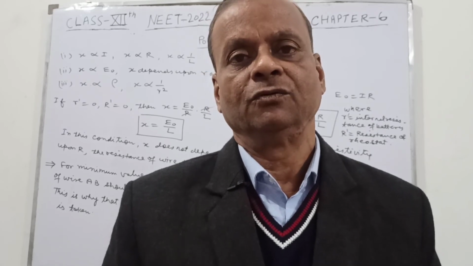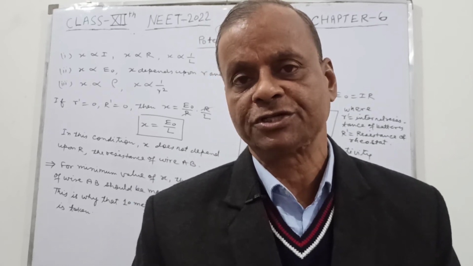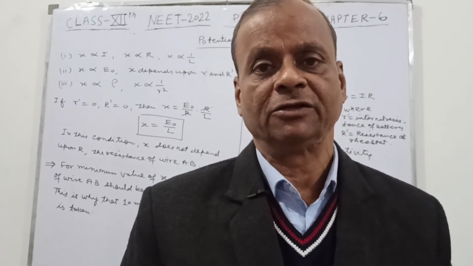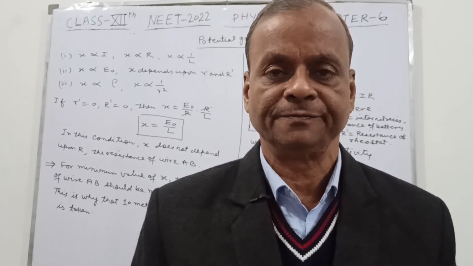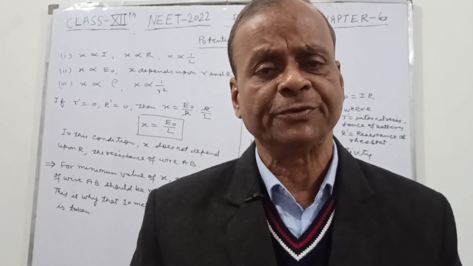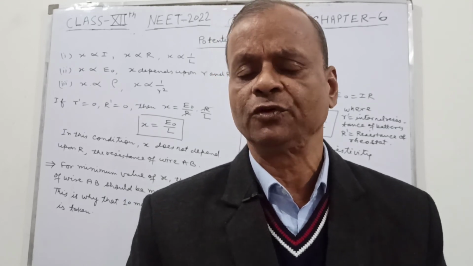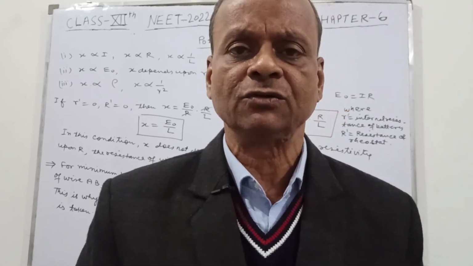This is one of the best questions to ask, why the wire is taken to be 10 meter. In some potentiometers, the wire is less than 10 meter, 3 meter, 4 meter or 5 meter, then there is no difference.